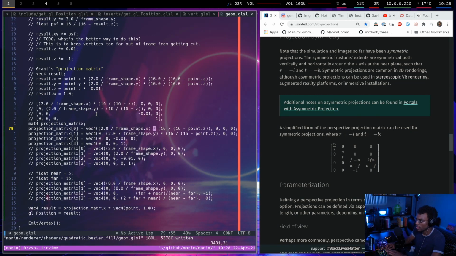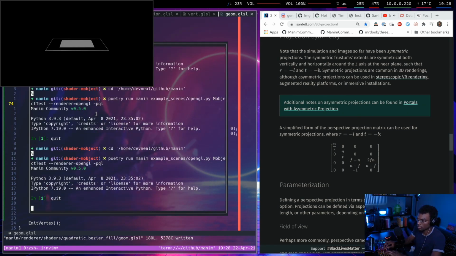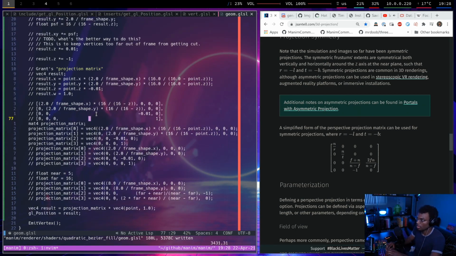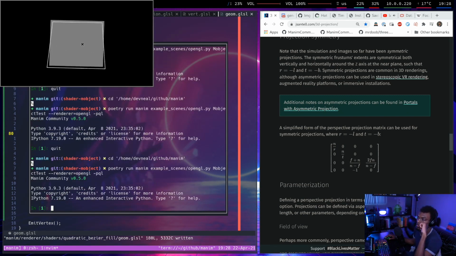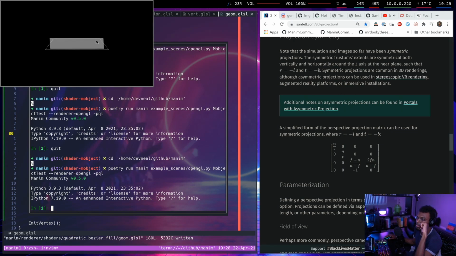And in this case, if I were to remove the z factor, so this, is it eliminating perspective?